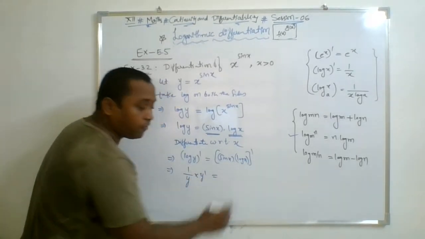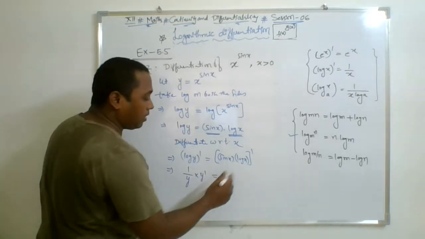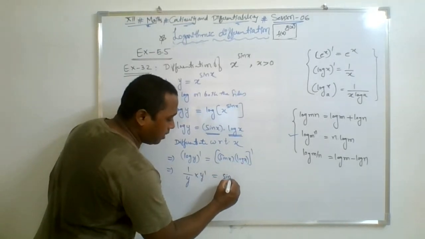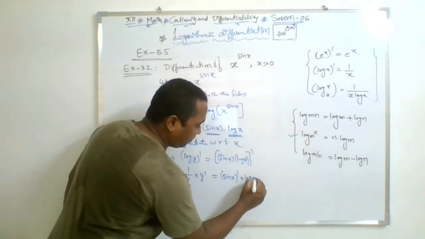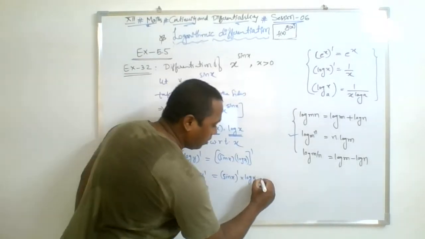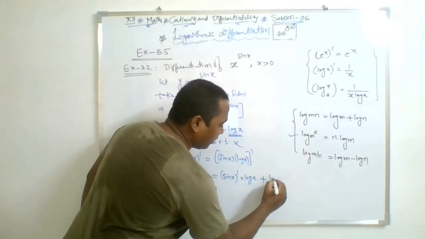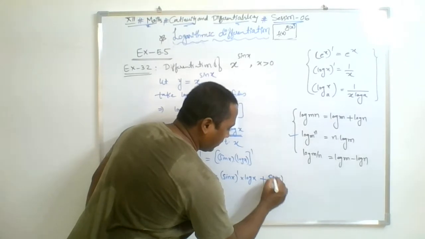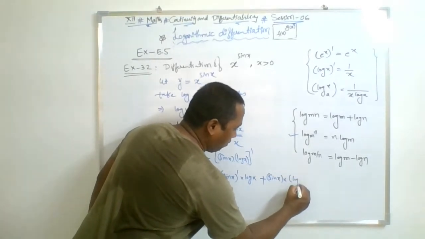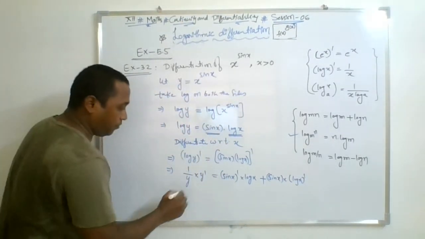Now it is in the form of u into v. So we simply write: first the derivative of sine x into log x, u dash into v, plus u into v dash, that is sine x into the derivative of log x, that is product rule.